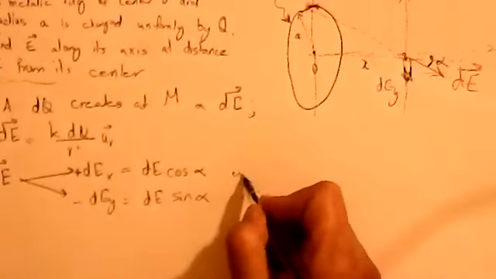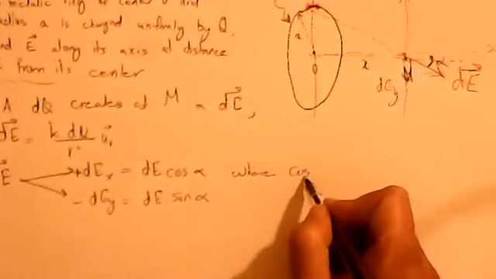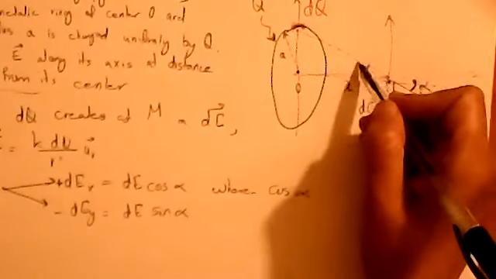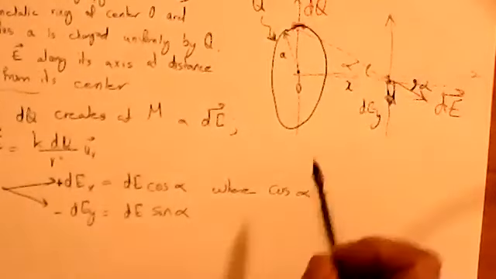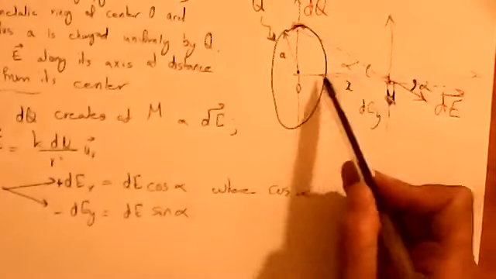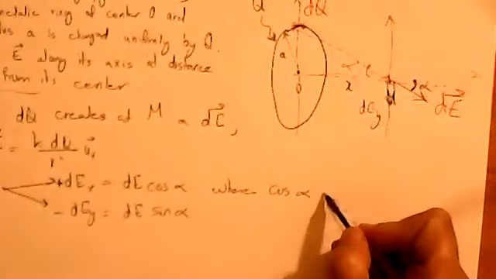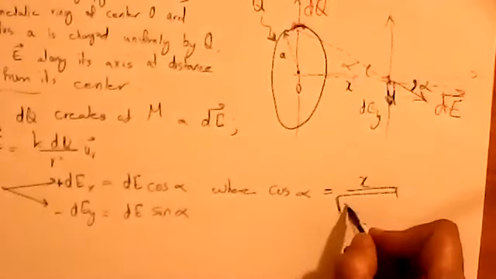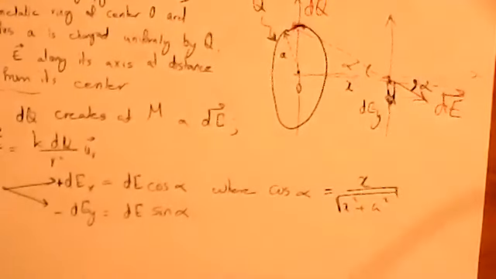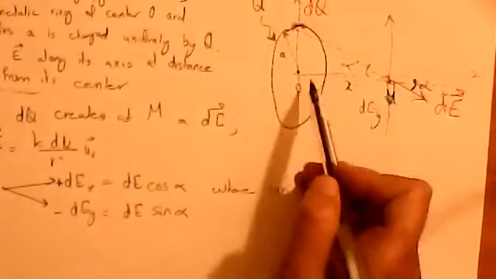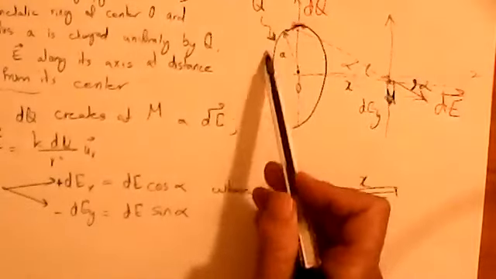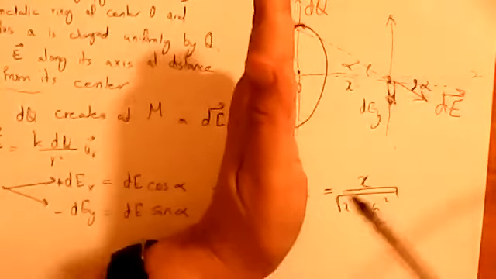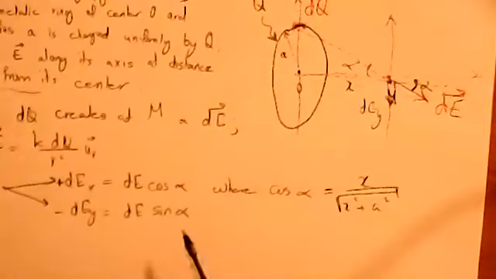Where cosine alpha, if you look at the geometry of the figure, this is alpha. Alpha is adjacent over hypotenuse, so it is x over the square root of x squared plus a squared. It's a right angle triangle, and wherever you select dq, the ring is in the plane yz.